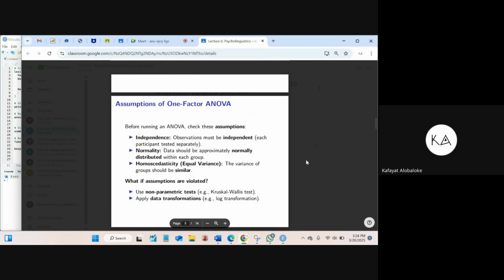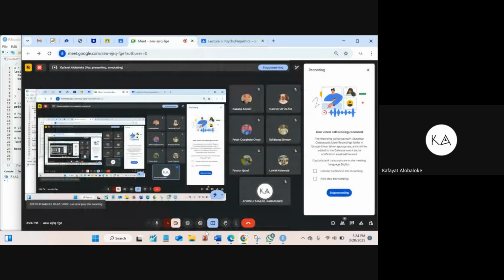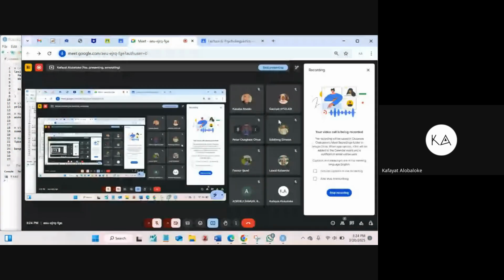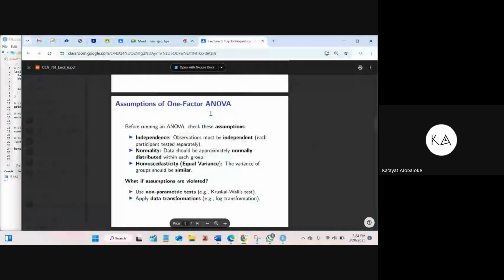What if these assumptions are violated? Then that's where the non-parametric test comes in, such as Kruskal-Wallis.